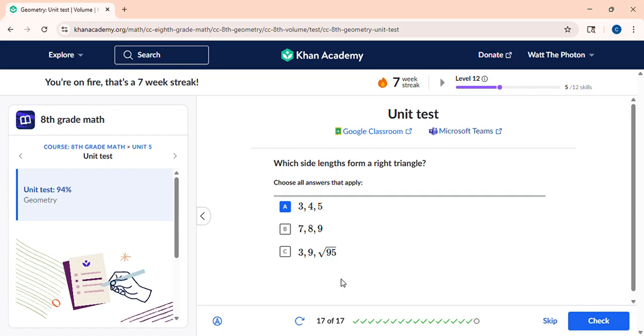Does 9, 3, and the square root of 95 form a right triangle? I think it does.